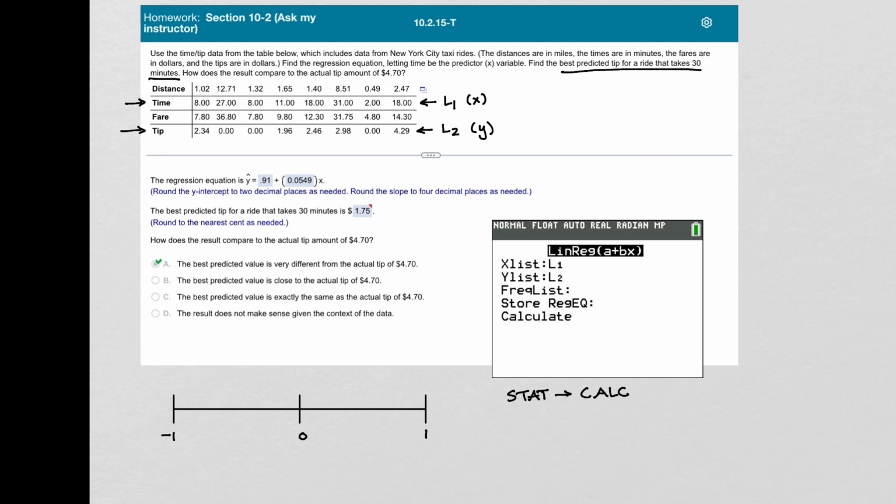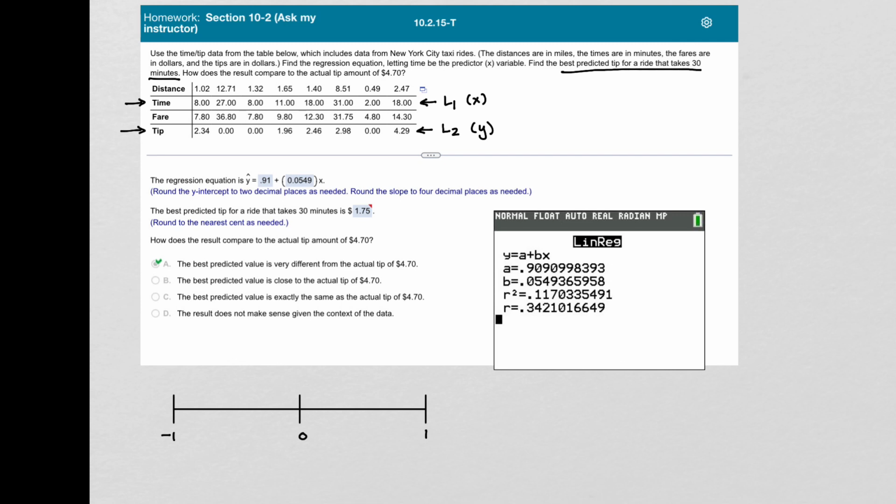And then I'm going to choose number 8, which is LinReg A plus BX. And so when I do this, I put L1 for my X list and L2 for my Y list, and I can skip the rest of it and just go down to calculate, and that will give me my regression equation and the correlation coefficient. So we need both of those pieces of information.